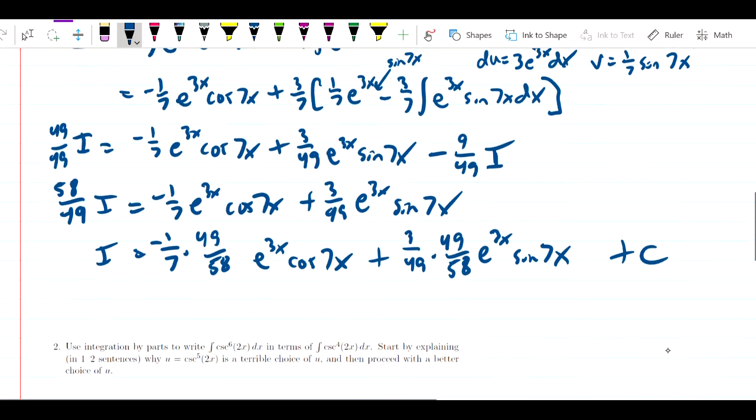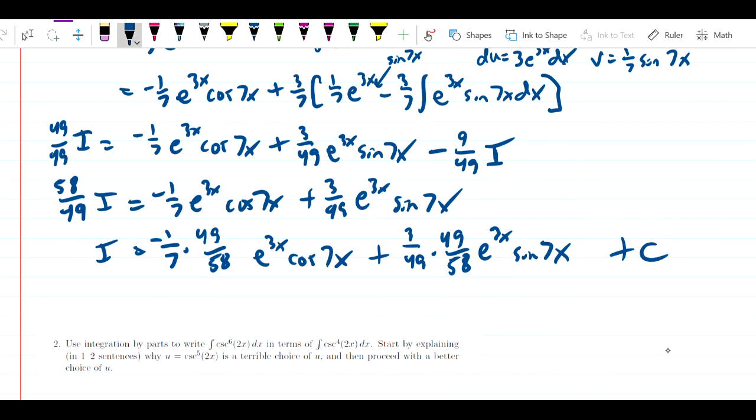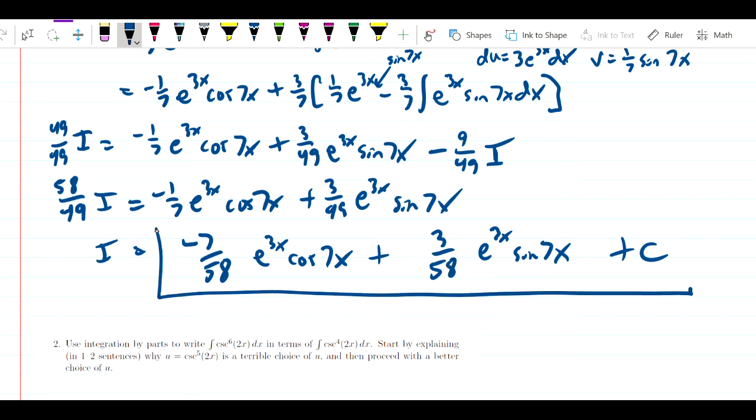We can simplify this a bit. This is going to become negative 7/58, and this is going to become 3/58. So that's the answer there.